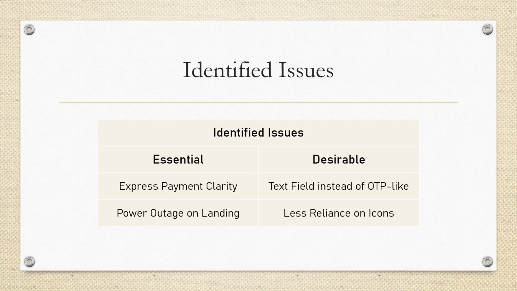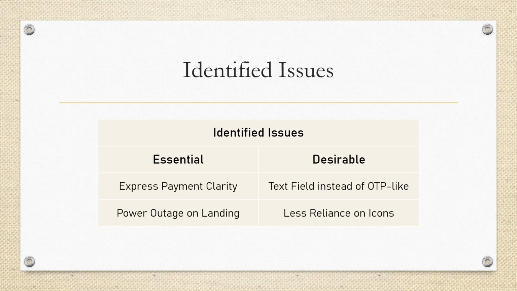From the data I've collected, these are the identified issues I found. The first essential one is the express payment clarity, which is very hard to find. It's on the lower part of the page, and a chatbot is obstructing the view of the payment button.